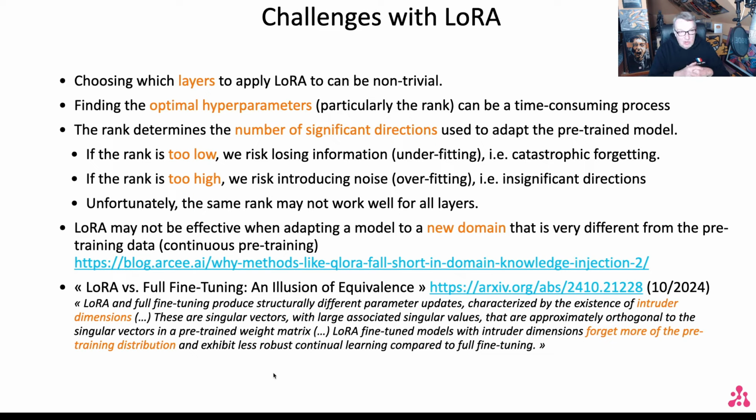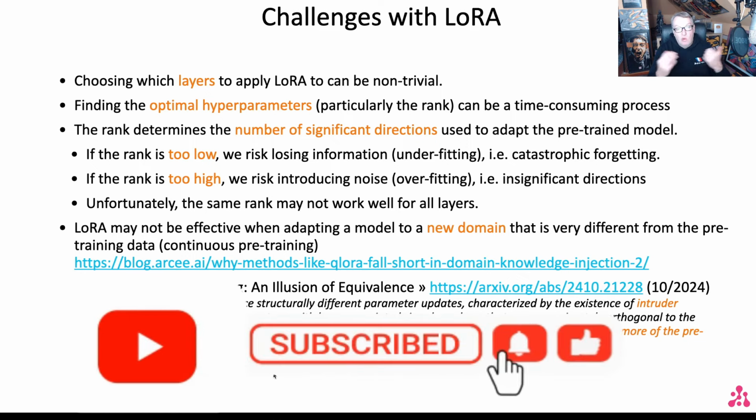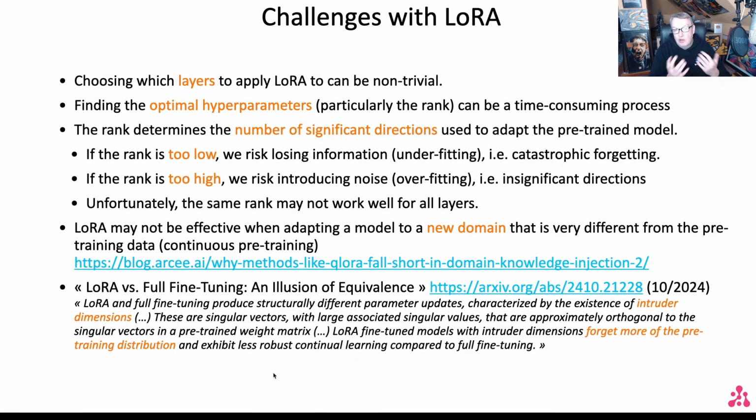And one thing that always nagged me is, why would the same rank work well for all layers? I don't know. I don't have any data to back that up. It's just a question mark, especially for large models, 80 layers or something. We're told that different attention layers are going to learn different patterns, etc. Well, then, why would the same rank work well all over?